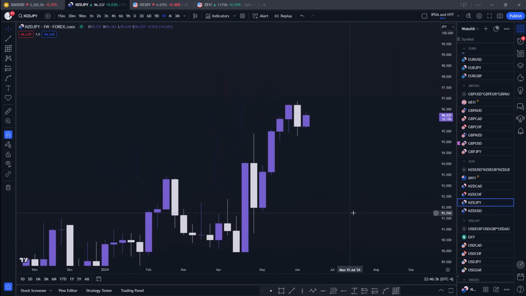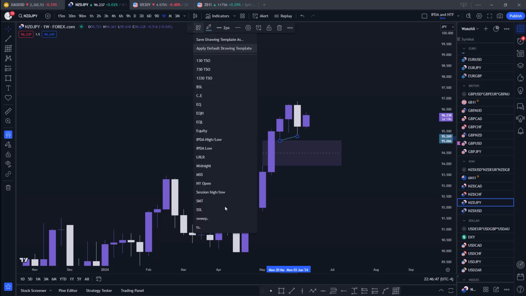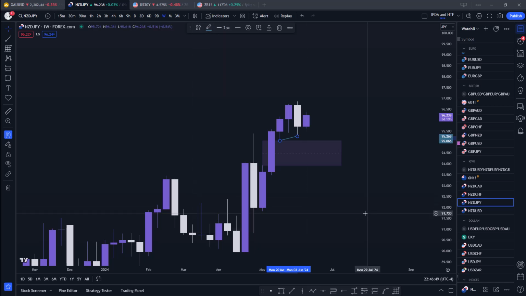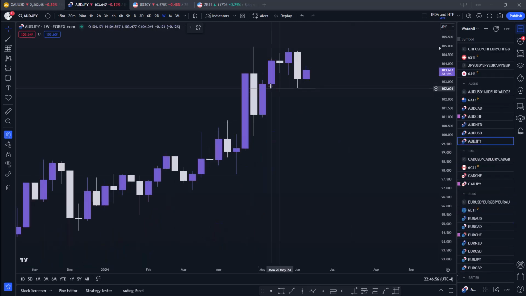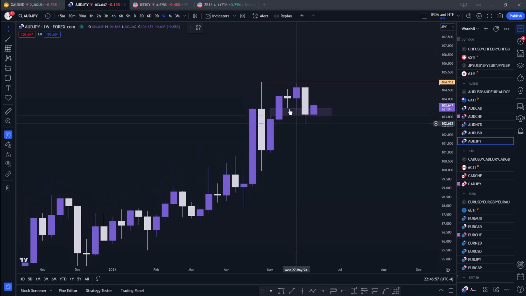Do we have an SMT divergence between the two inside of that high time frame PD array? Yes, we clearly do, because we can see here NZD/JPY was not able to reach the fair value gap on the weekly time frame, while AUD/JPY was able to do so.